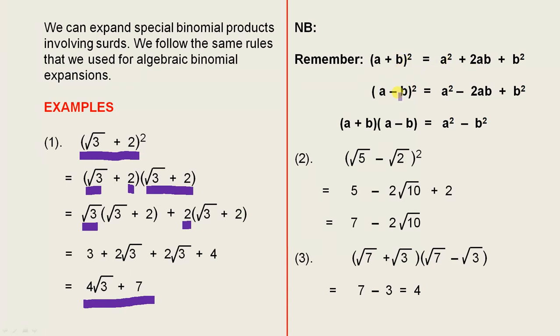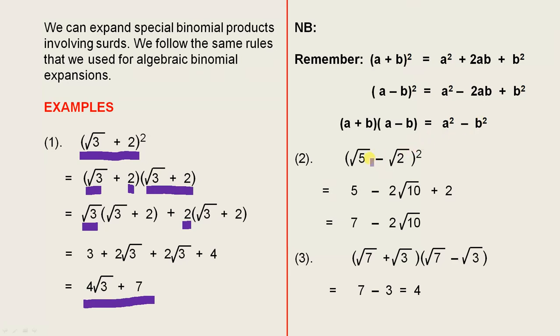In a similar manner, a minus b all squared is the first squared minus twice their product plus b squared. It's similar to the first one, except we have a minus sign here because of that sign. And then the product of a sum and difference, if you have a plus b, a minus b, as long as the terms are the same, but the only difference is the plus and minus sign, that's a squared minus b squared. That's just automatic.